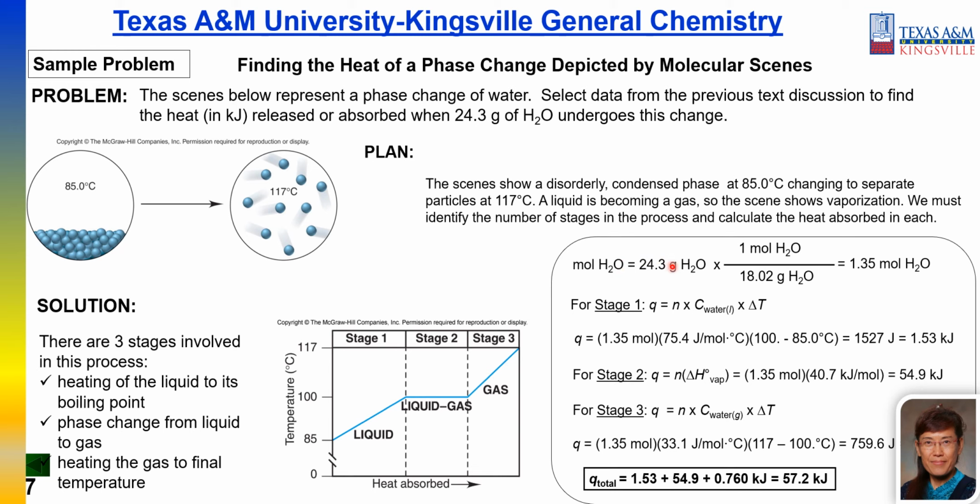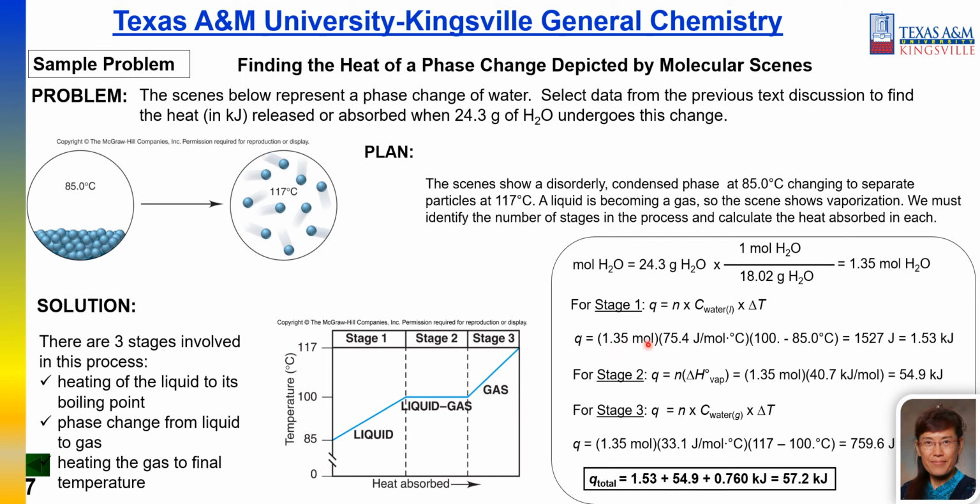Our calculation of the heat. First of all, you want to determine the moles of your water. So you simply use the grams of water divided by its molar mass. My calculation is 1.35 moles of water. For stage 1, you use Q equals n, the moles, multiplied by the heat capacity for your liquid water, multiplied by the temperature change.